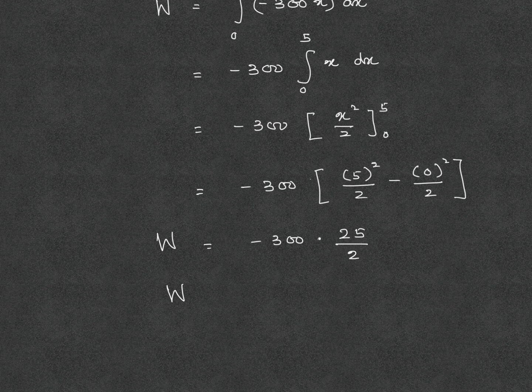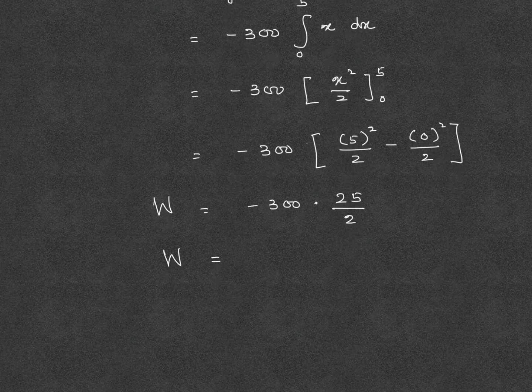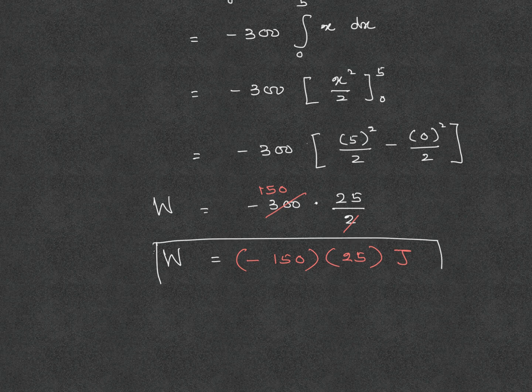Work done when the expansion happens from 0 to 5 for a spring that has a 300 Newton per meter spring constant, the answer actually becomes a large value. That would be negative 150 times 25. And that answer is in joules, or sometimes people write it as Newton meter.